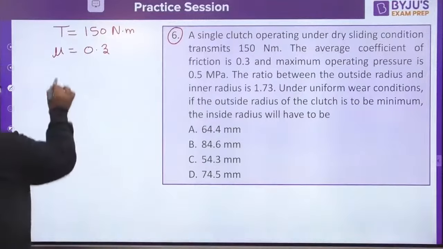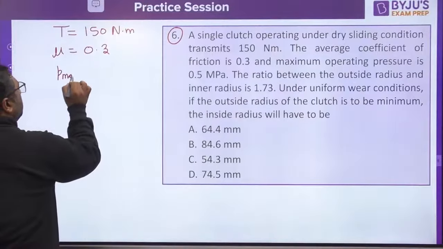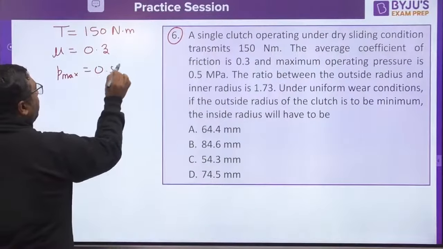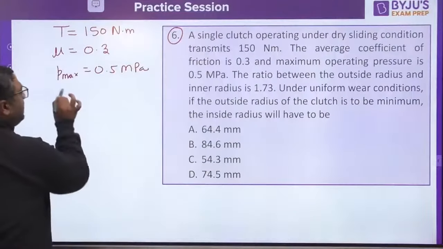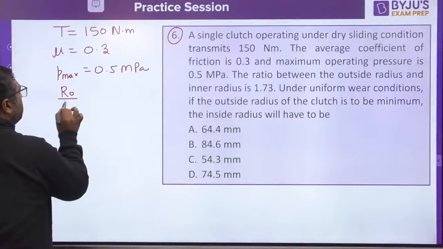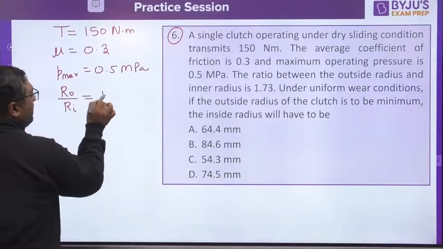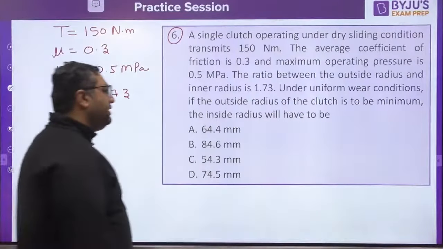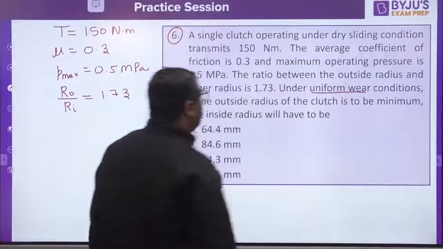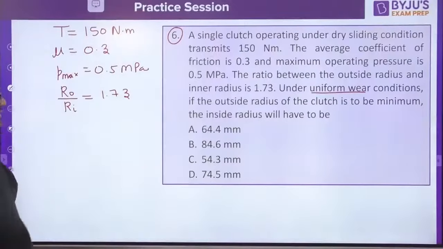Maximum operating pressure is 0.5 MPa. The ratio between outside radius and inside radius, RO by RI, is 1.73.